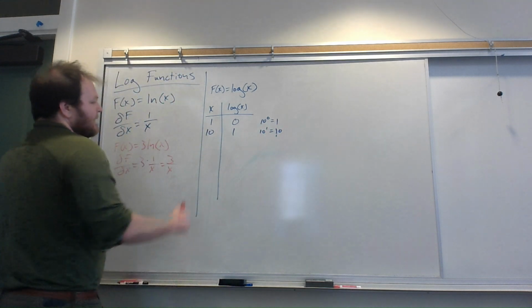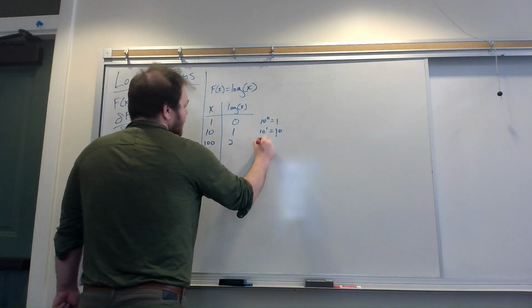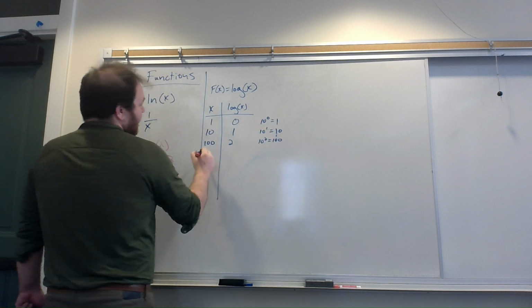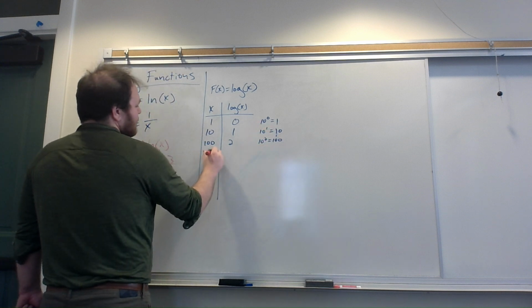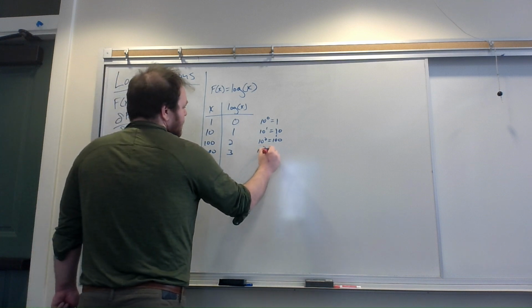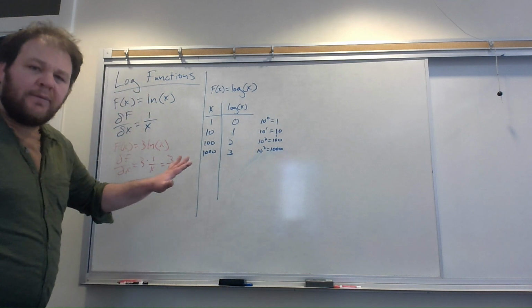If x was 100, the log of x is going to be 2, because 10 squared equals 100. And if x was 1,000, log of x is going to be 3, because 10 cubed equals 1,000. Okay, this makes sense? This looks familiar?